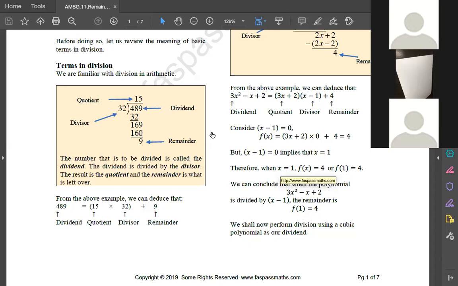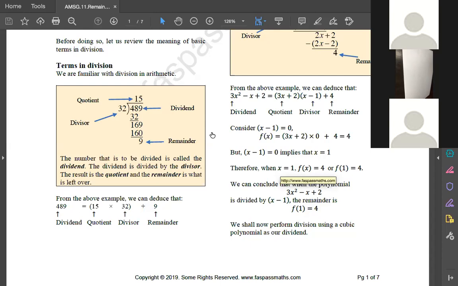The only way is to go through the long division before you identify your remainder, which is very tedious. So the remainder theorem is a way to determine the remainder before you do the long division, or you choose not to do the long division at all.